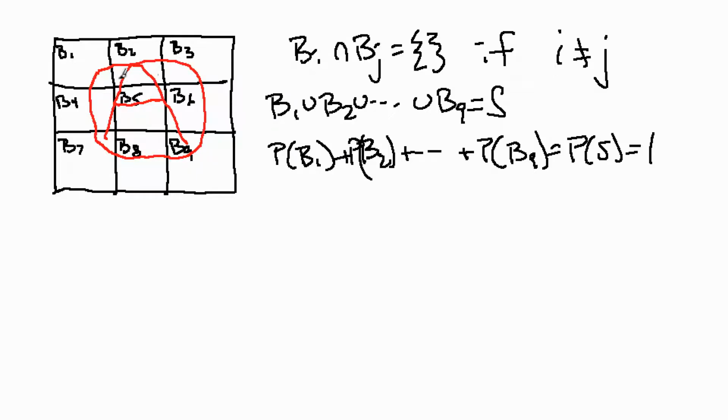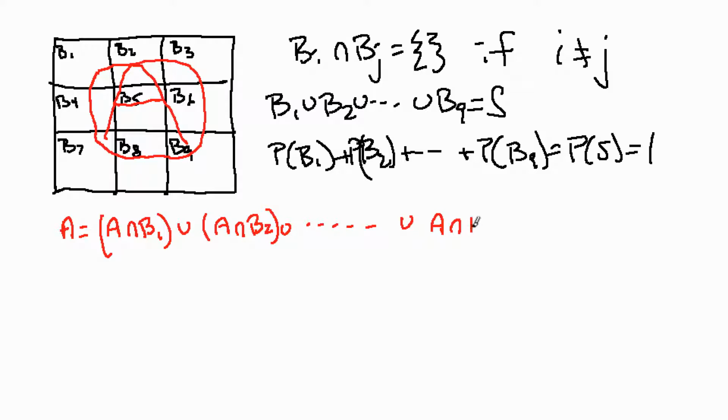It's made up of A intersection B1, A intersection B2, A intersection B3, so that I can actually say that A is equal to A intersection B1 union A intersection B2 union, and I can do this all the way down to the union of A intersection B9, just like that.